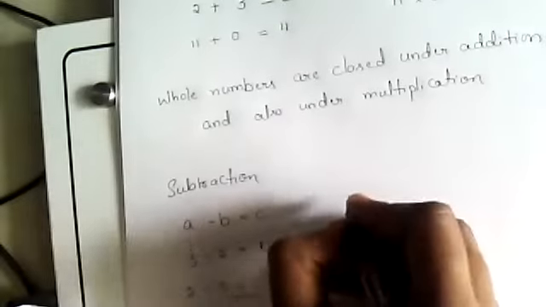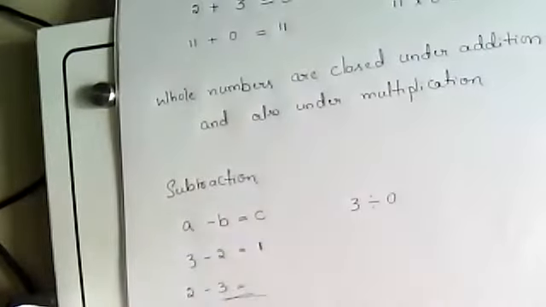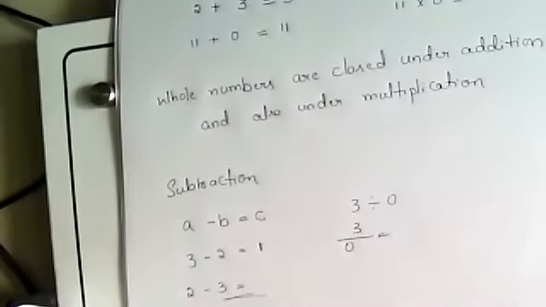Same as it is in division. If I go for division, if I divide 3 by 0, is it possible? No. So division and subtraction cannot come under the closure property. Only whole numbers are closed under addition and under multiplication.